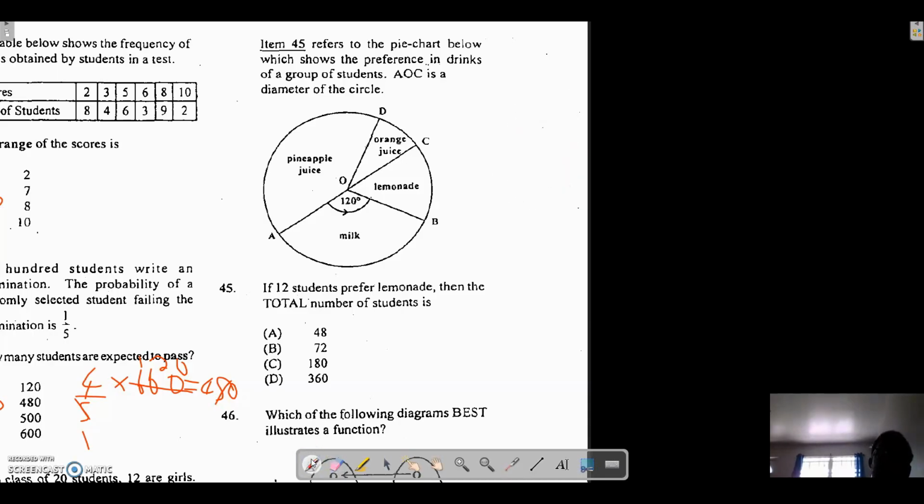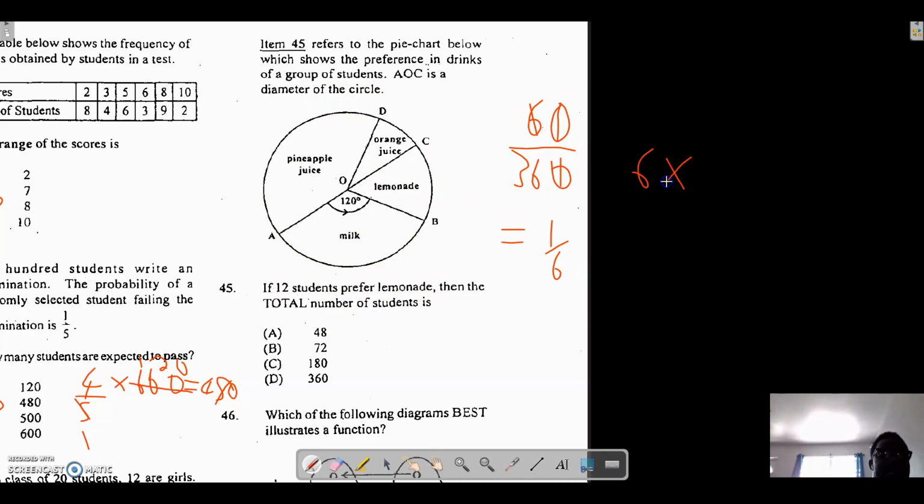The entire circle is 360, so it's 60 over 360, which would break down to give you 1/6. So the sector for lemonade is 1/6, and it represents 12 students. So if I want the total amount of persons here, it would just be 6 times those 12, which would be 72. So the total number of students you have here is 72. Alright?